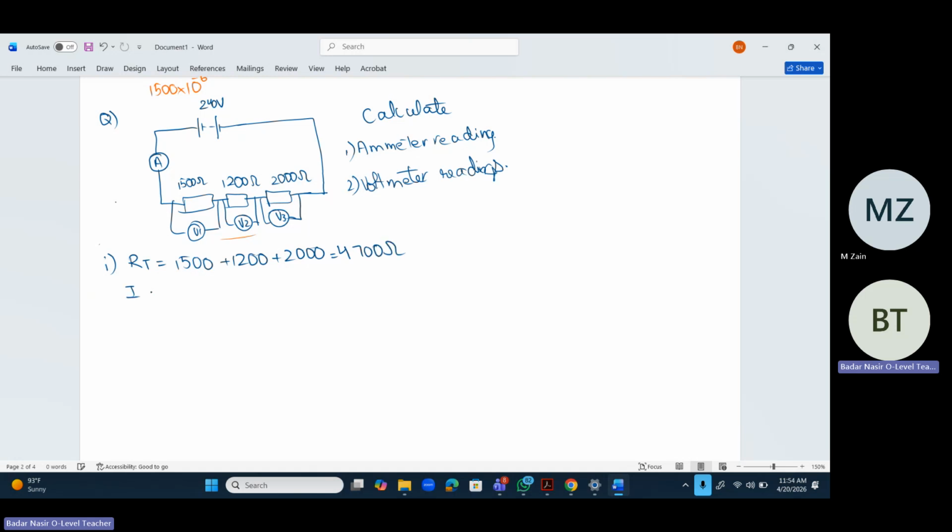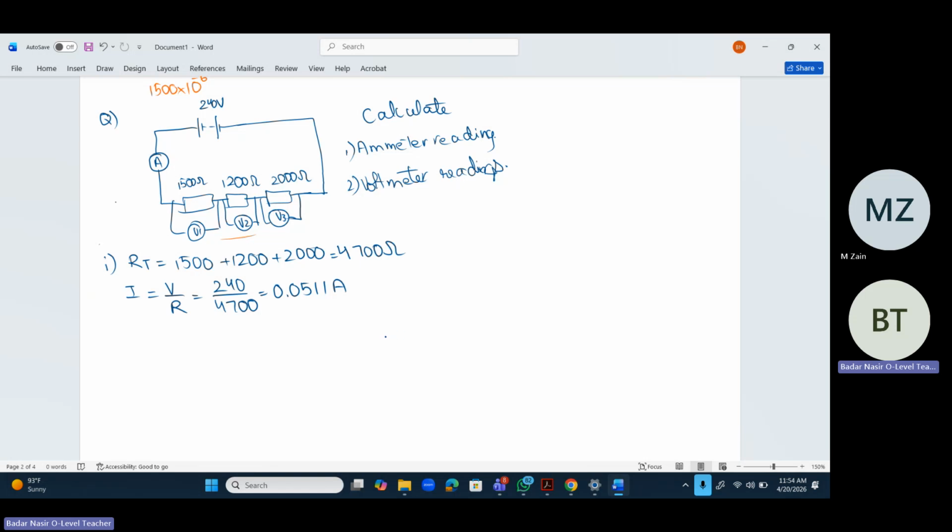Then we have to find out the current. V over R, 240 divided by 4,700 will give us 0.0511 ampere. So we have the ammeter reading.